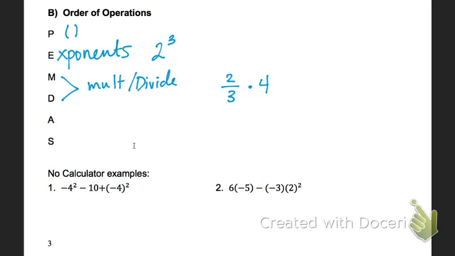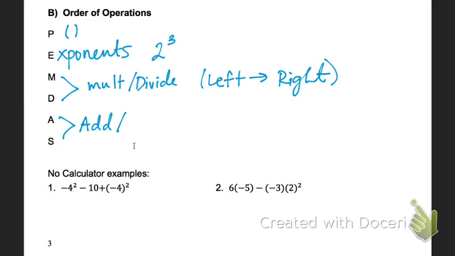So they happen at the same time. They're almost written side by side. In this case, you just go left to right. Like you're reading a book. And the A and the S are for add, subtract. And you do those at the same time as well, left to right.